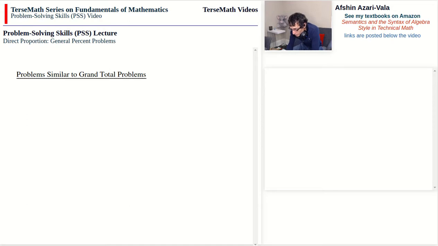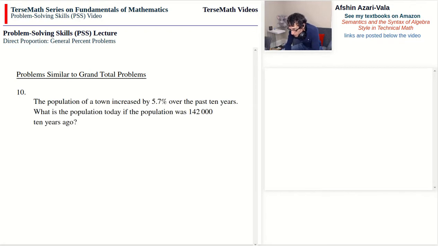Okay, the fourth kind of problems that we look at are those that are similar to grand total problems. So we have a piece, and then we want to add it to the initial amount to find the total after increase. Problem 10: the population of a town increased by 5.7% over the past 10 years. What is the population today if the population was 142,000 10 years ago?